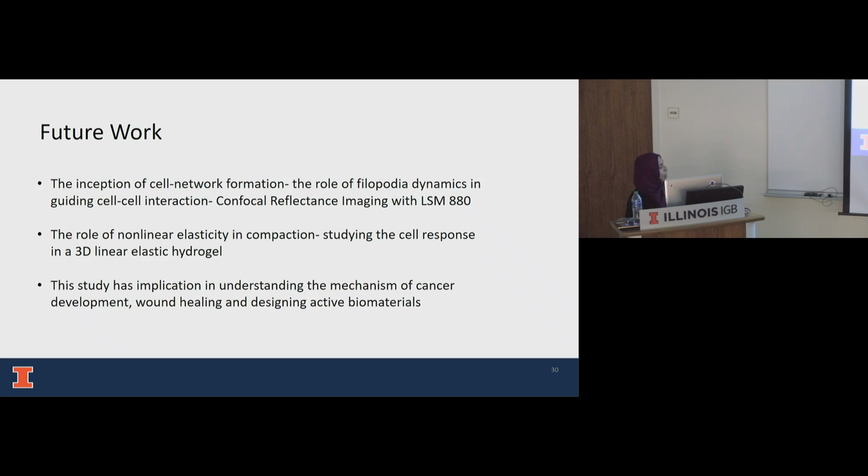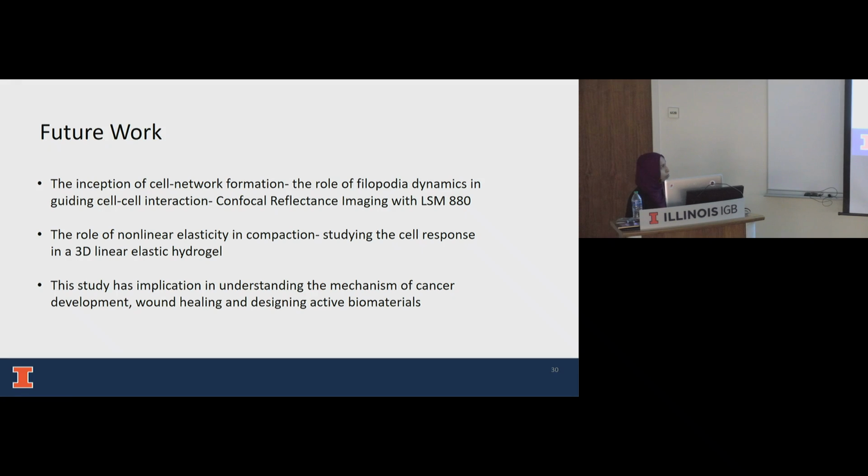To do that, we are planning to do live imaging with confocal reflectance imaging with LSM 880, where we can image cells live and see if the extension and retraction of filopodia has a role to play in the transition from randomness to deterministic cell motion. We also want to check the role of nonlinear elasticity in this compaction process, and we intend to do that by switching collagen with a linear elastic hydrogel, for example, PEG.